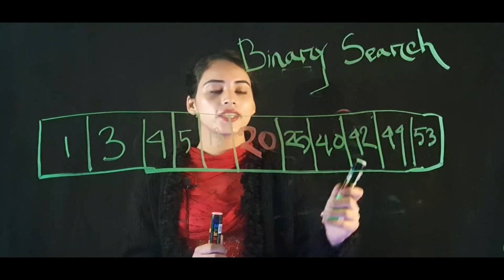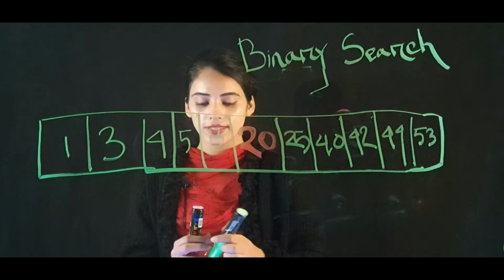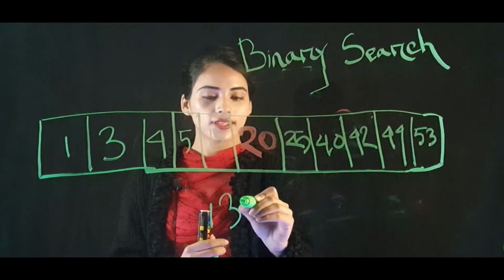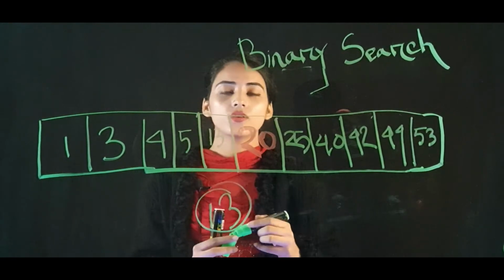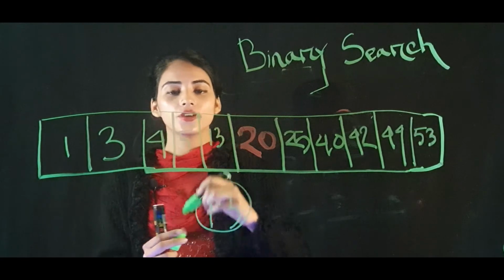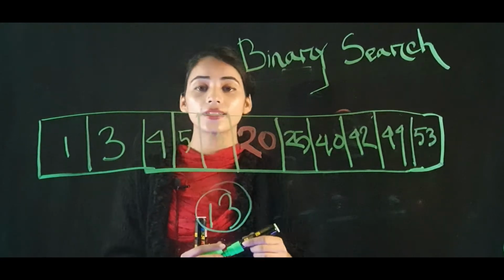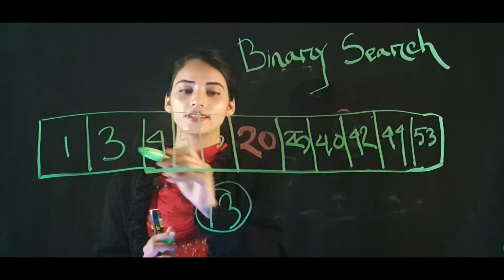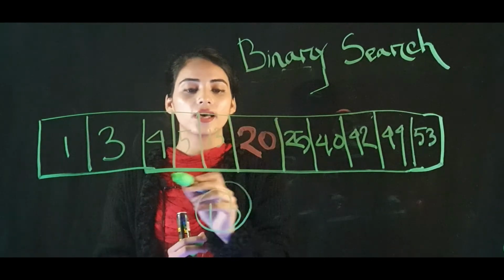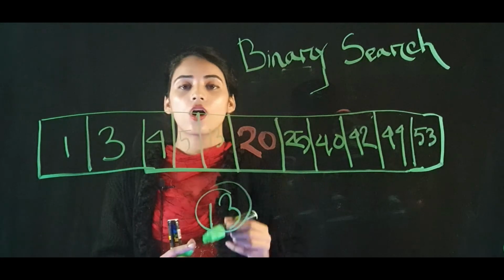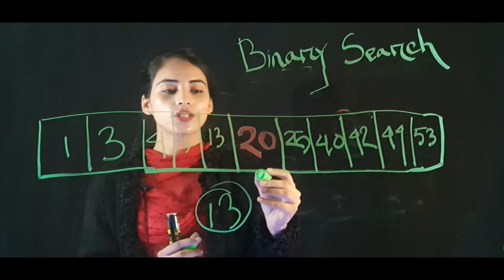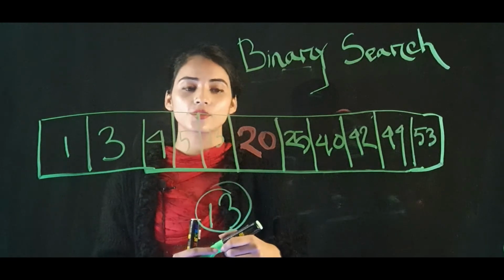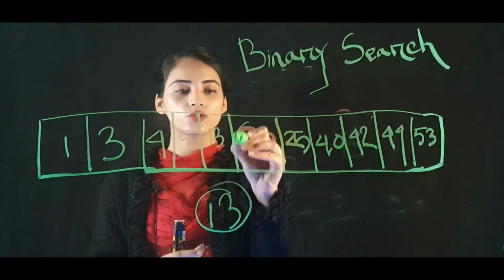Here there are 11 integer values. Now let's say you are looking for the value 13 inside this array. In the case of binary search, you need to make it halfway. That is, you need to halve the array, so that you get the midpoint, that is the mid value 20.